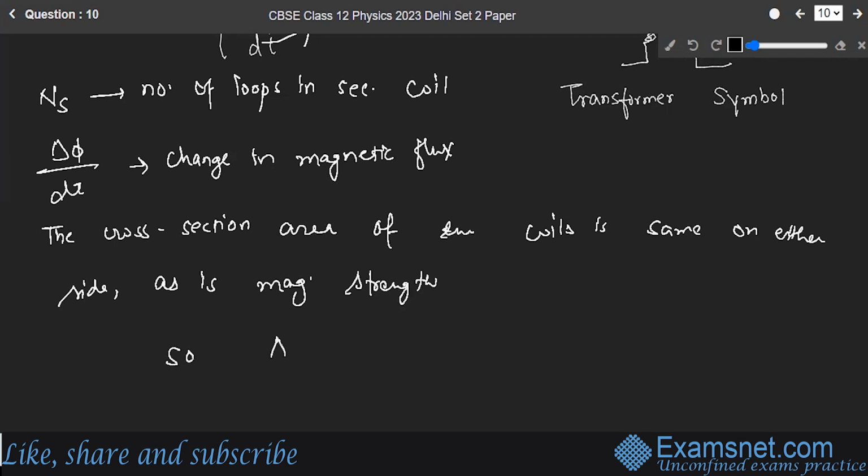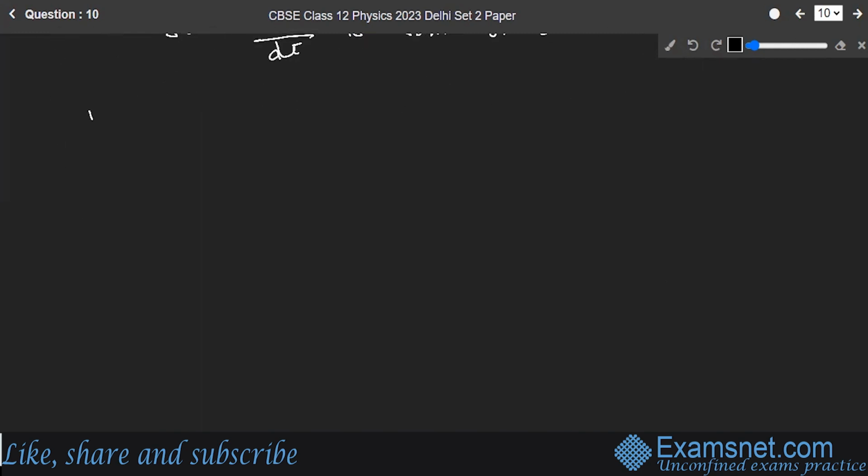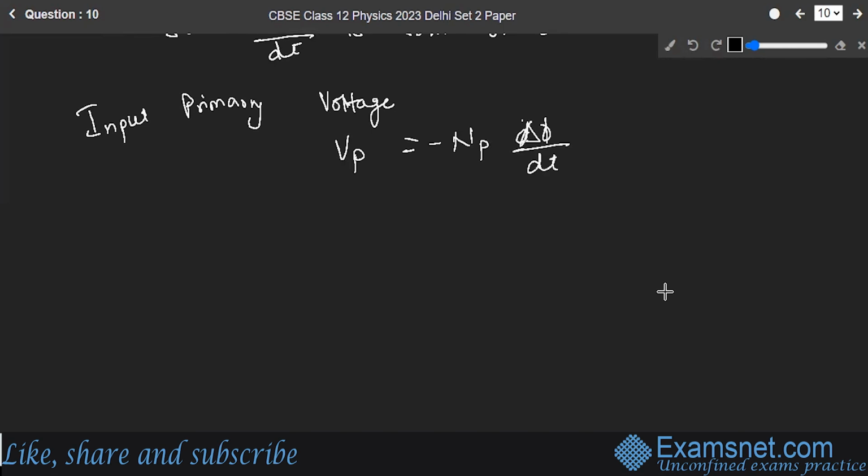So delta phi upon delta t is also the same on both the sides. So the input primary voltage Vp is related to the change in flux: Vp is equal to minus Np change in flux upon time.